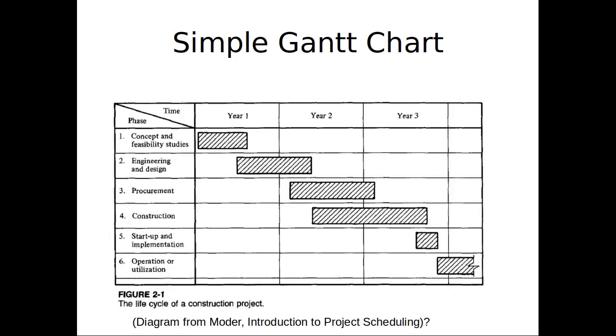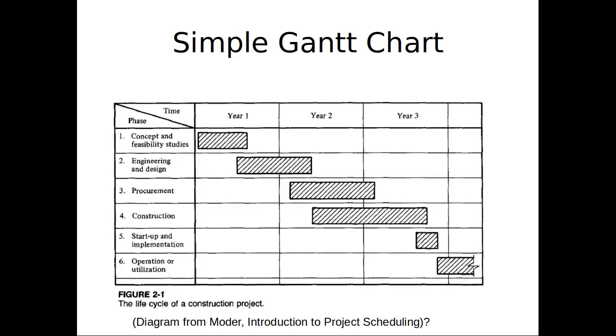How many people in this room have seen these sort of things at one point or another? Yeah, virtually everyone, because they're ubiquitous. They're around. And often if you go to project managers' offices, you'll see something like this, but with dozens and dozens of these bars on it, and with many weeks or days illustrated horizontally.